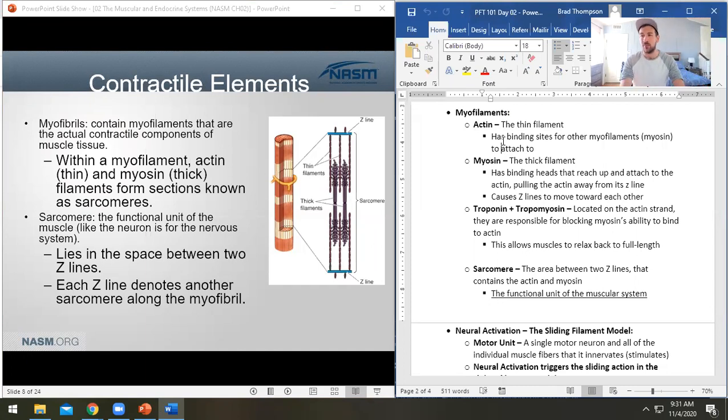When we want our muscles to be relaxed, we don't want them bound together. So instead we have regulatory proteins that sit on the thin strand, on the actin, and they're there to make sure that myosin, that little thick filament, can't reach up and bind. They're there to block it.